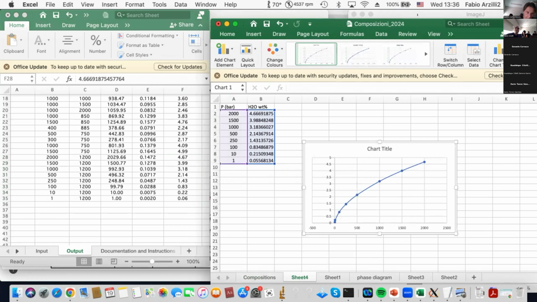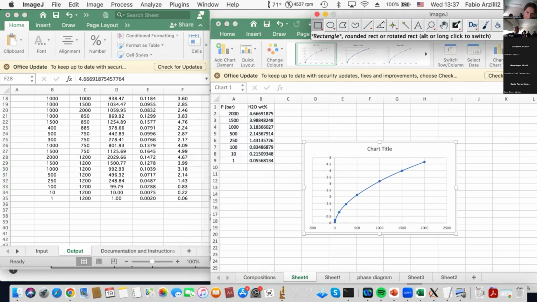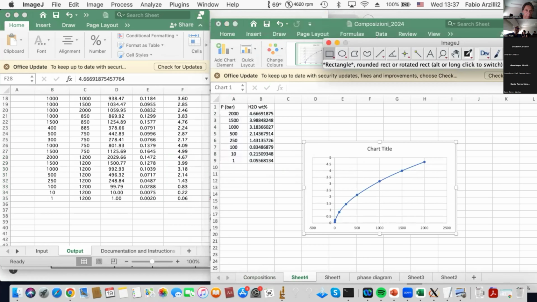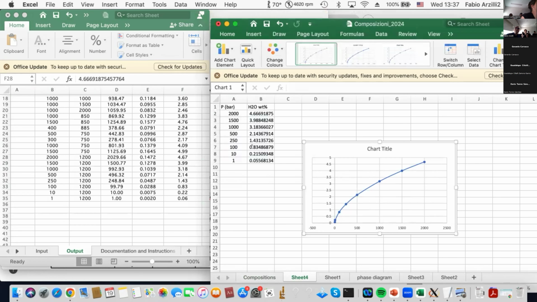What you get at the end if you investigate: you put all your pressure and water content together, you can make a solubility curve as a function of pressure. Of course, this model is calibrated on experiments.